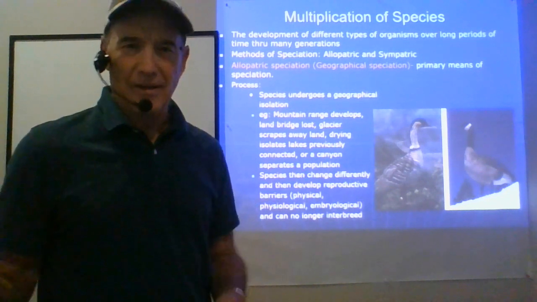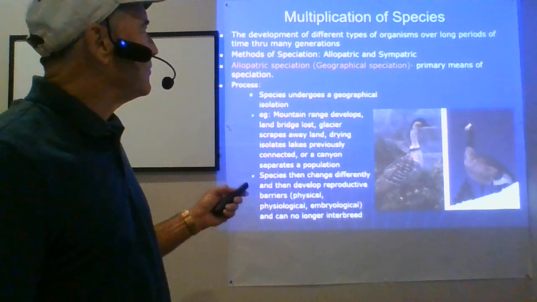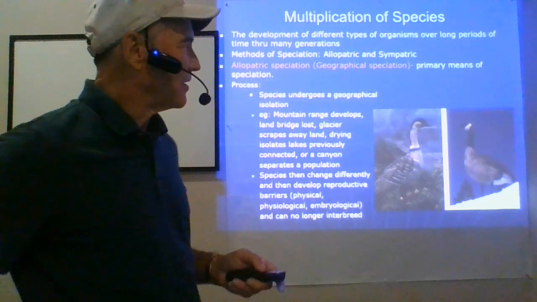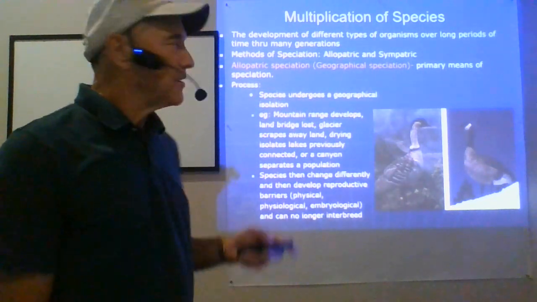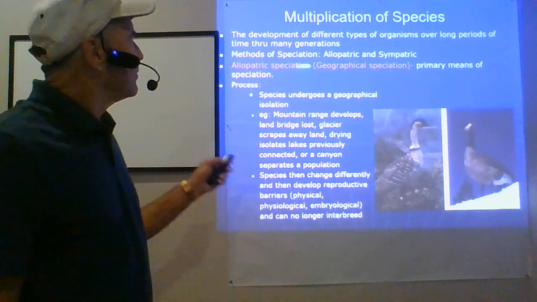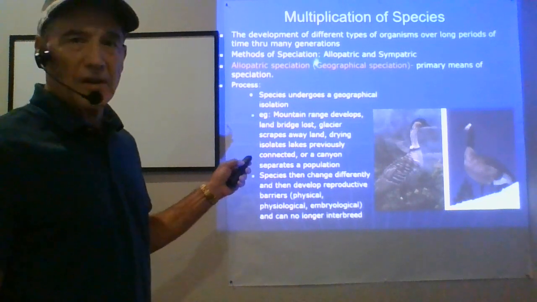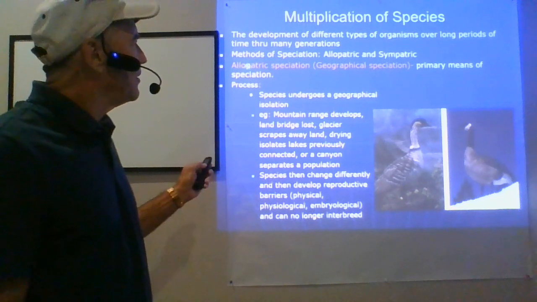A lot of different plants, trees. A lot of different species. Somehow they had multiplied, the development of different types of organisms over long periods of time through many generations, the multiplication of species.